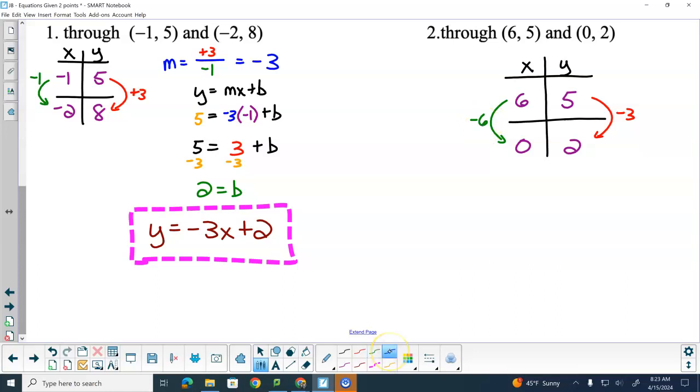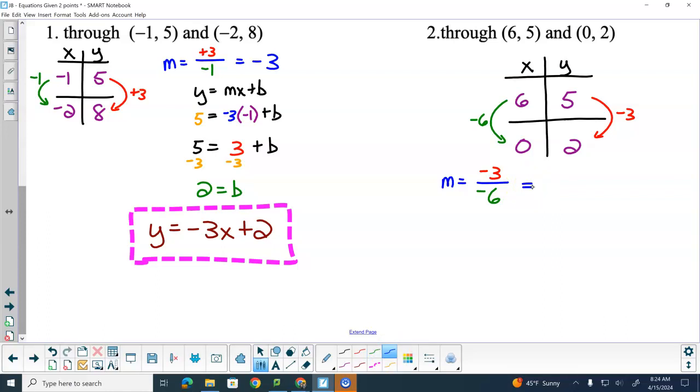Then we need to figure out our slope, which is going to be -3 over -6. A negative divided by a negative is a positive, so we can forget about the negatives, right? 3 divided by 6.